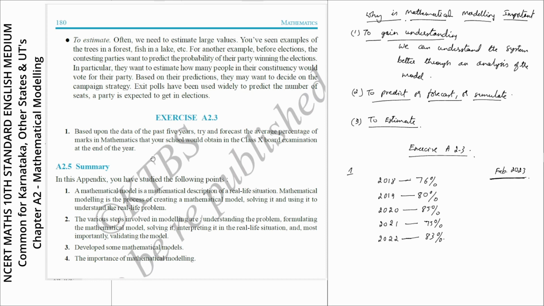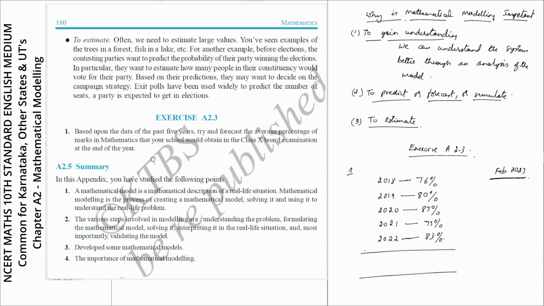So I am predicting the future. Still it is February, the exam will be somewhere in March or April, and the result will be somewhere in May. So how do we calculate the marks obtained? To do that we need to sum up all these.